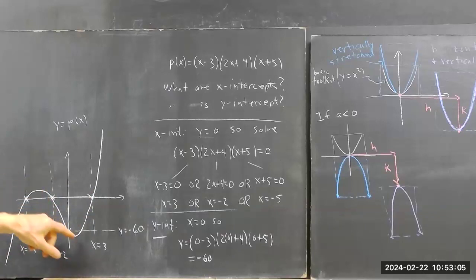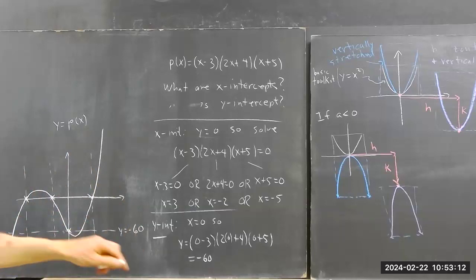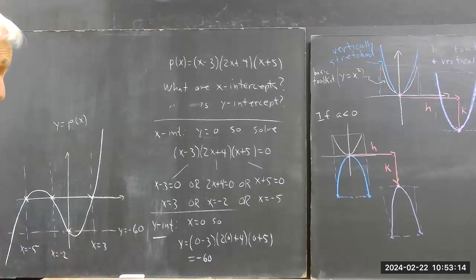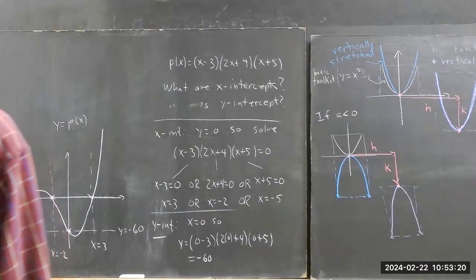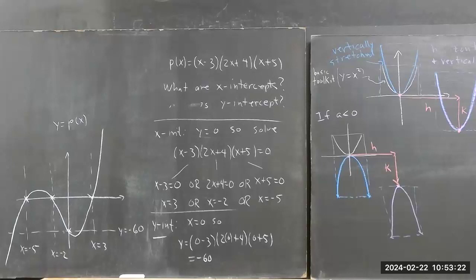It has a peak here and a peak here at points that you can estimate. And that's what a polynomial looks like. Now, there's more to it than that, but this is a good start, and let's see what you can do with the homework. You might need to review this video sometimes. Okay.